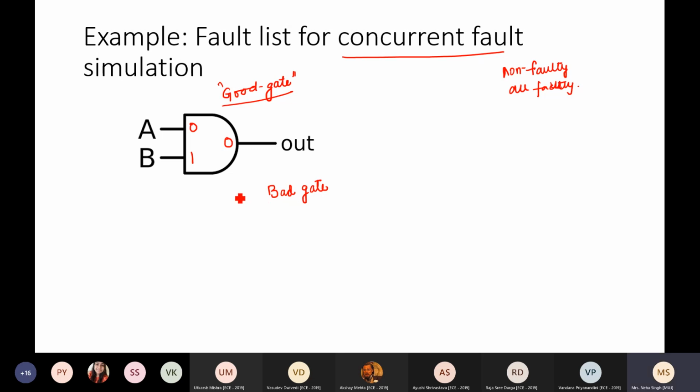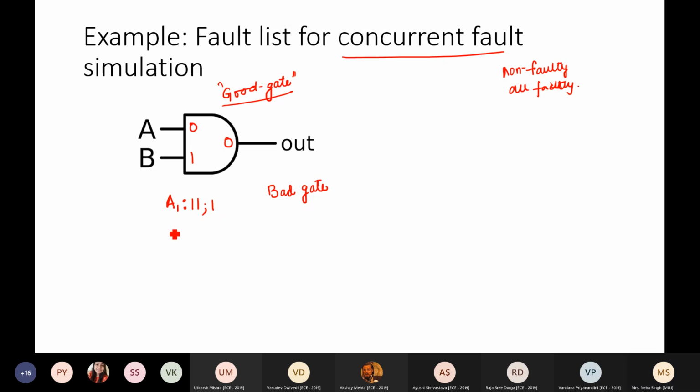क्या क्या fault हो सकती है? पहला fault हो सकता है A is stuck at 1, actual value is 0 but it gets stuck at 1. If A is stuck at 1, what are the inputs to my logic gate now? A became 1, B is already 1, so inputs are 1 1. And if the inputs are 1 1, my output will be equal to 1 for the AND gate. So this is the first fault that will be considered.